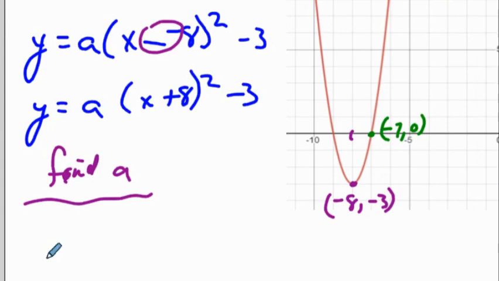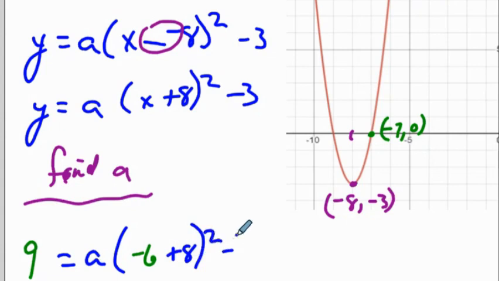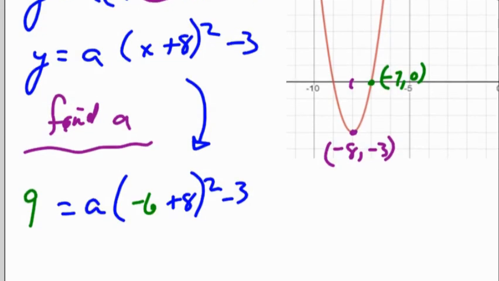So y is 9. I know a. I don't know x. x on this one is negative 6, and plus 8 squared minus 3. So once again, I just took this equation, I rewrote it, but I put negative 6 and 9, the coordinates of any point on the graph, into it.